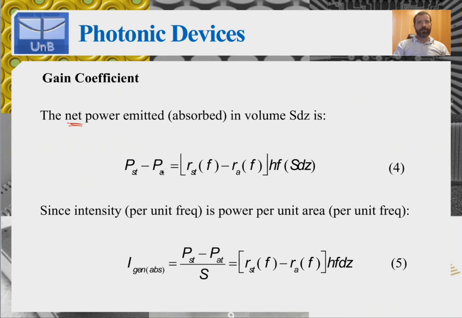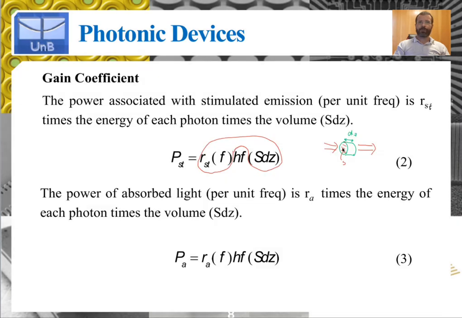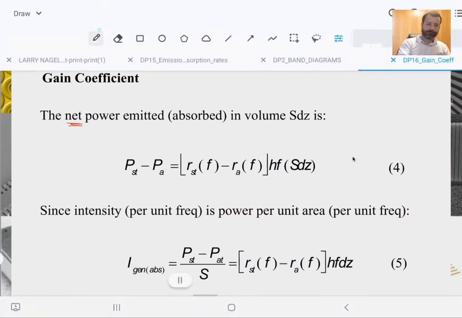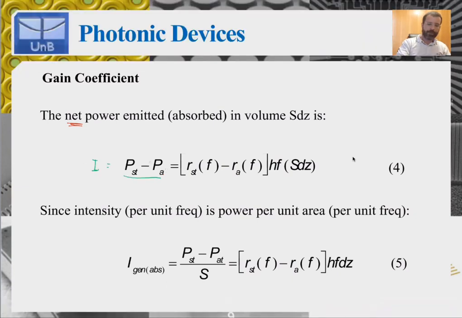Now, if we want intensity, as we said, intensity is power per unit area, so we need to divide this by the area of the cross section, S. The intensity will be equal to the net power generated divided by area, and this area will cancel this area here, so we end up with this.